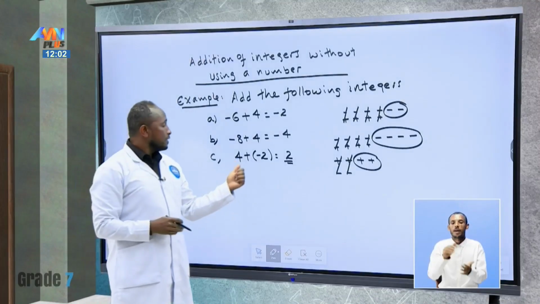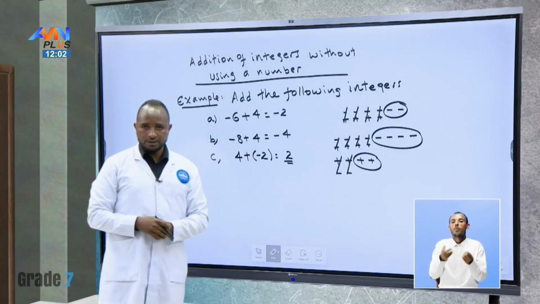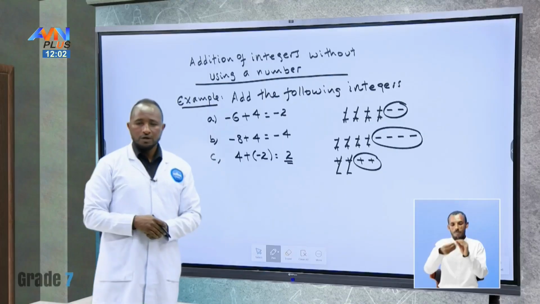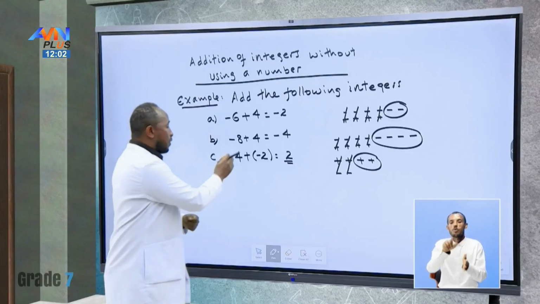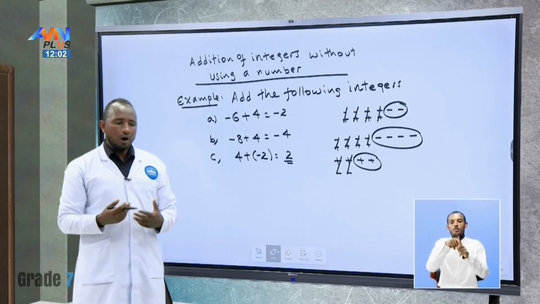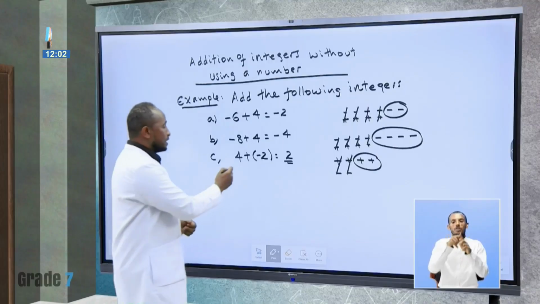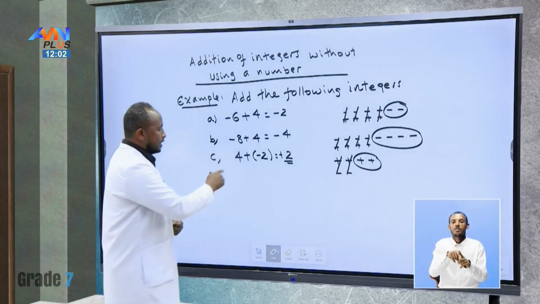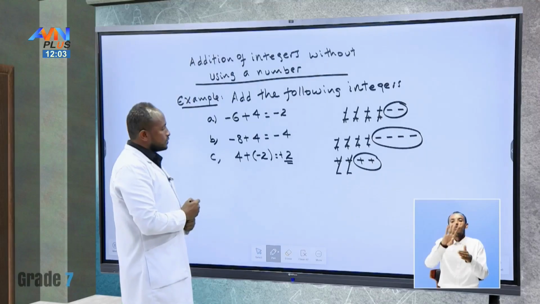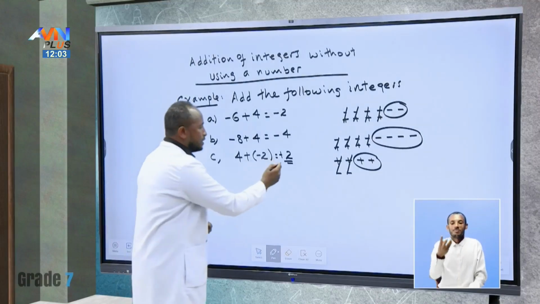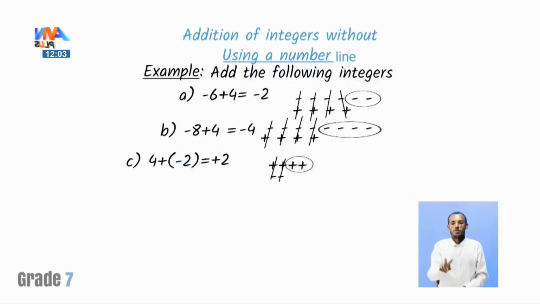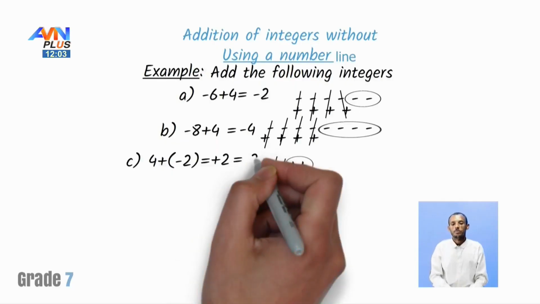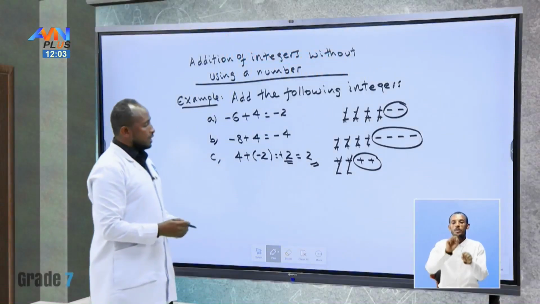Again here, when you add 4 and negative 2, you have more positives. Therefore, the sum will be positive, and take the difference. The difference of 4 and 2 is 2. The answer will be positive 2. Most of the time we write it in this form, 2. So this will be the technique.